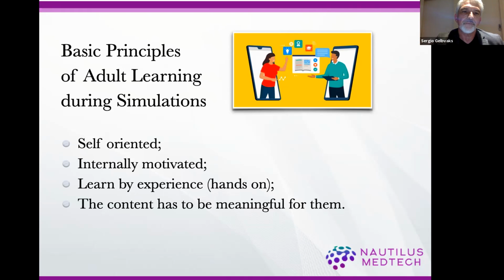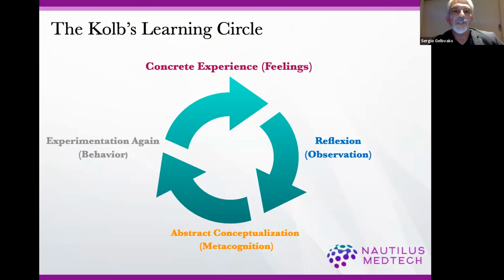That's basically Kolb's learning cycle. It means first, the student is submitted to an experience, the more realistic the better, in general accompanied by feelings that remain in the long-term memory, making links for future reminders of similar experiences.